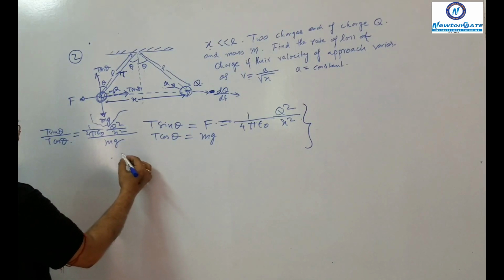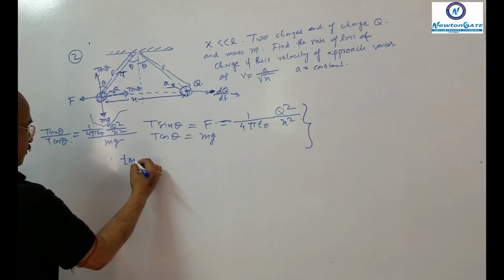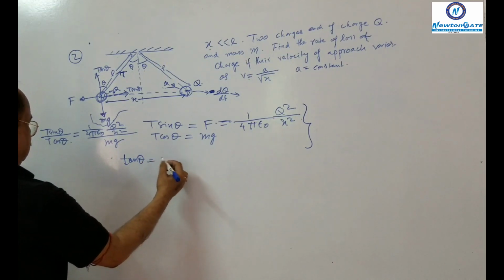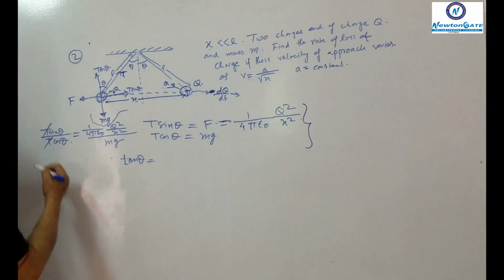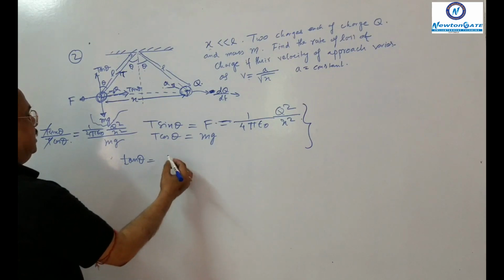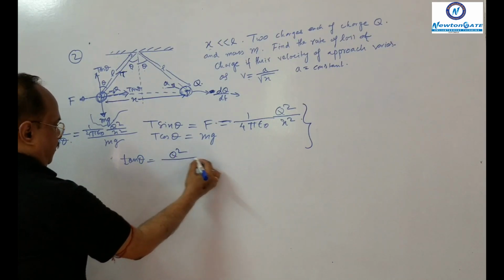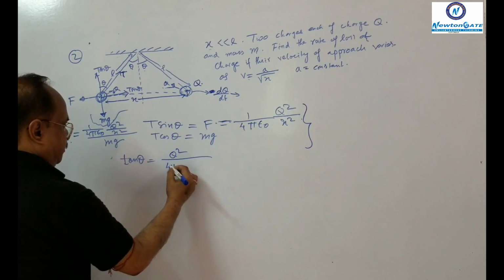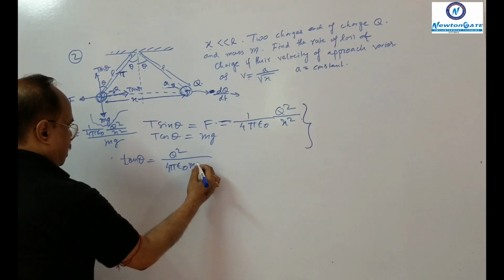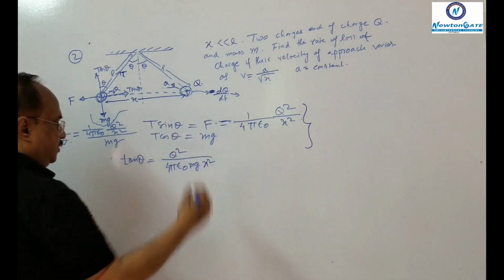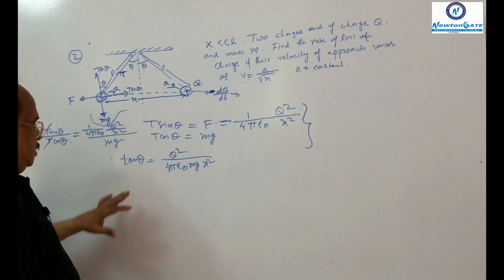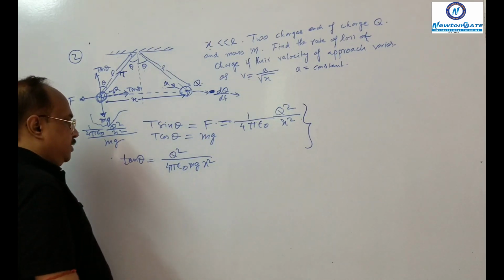From here, when this T and T get cancelled out, tan theta is equal to q square divided by 4 pi epsilon naught mg into x square. So up to this much is okay.